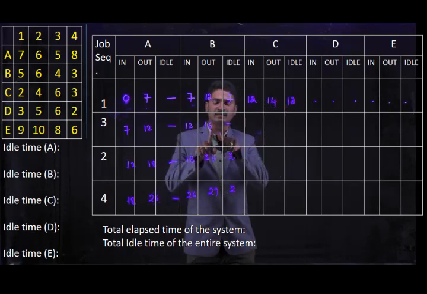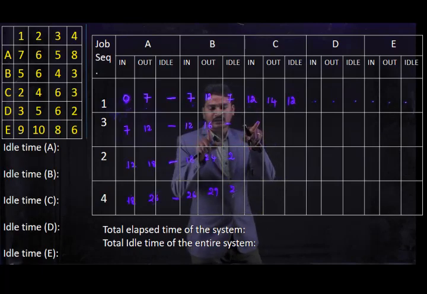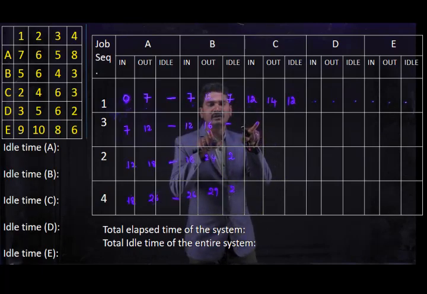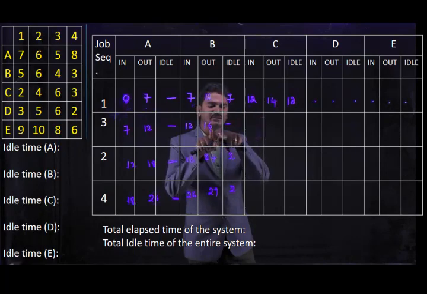Coming to the second job, that is the third job. This job was being done at machine B, so it was completed at the 16th hour, but machine C completed its first job at the 14th hour, so it was waiting for the second job. The job was busy at machine B, so after completion of machine B only we are going to take the job.